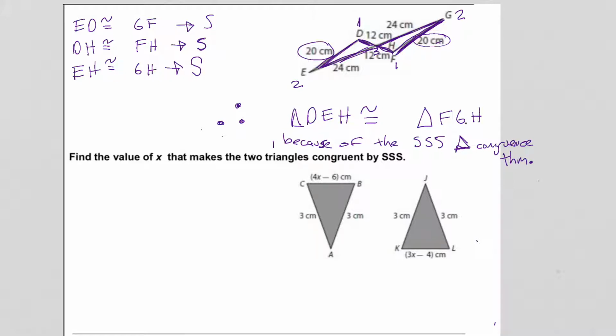Now this next example, we've got triangle ABC. And we also have triangle JKL. And I go around and I just label them with numbers.